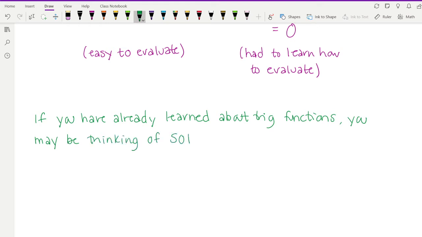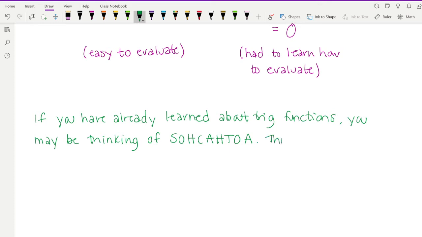Sometimes people use this mnemonic, Sohcahtoa. If you have no idea what I'm talking about, don't worry about it. This is just addressed to people who already have some preconceived notion about what trigonometry is. So you might be thinking of, oh right, you draw a right triangle and you have opposite over adjacent, opposite over hypotenuse. That's not what we're going to be doing in this video.